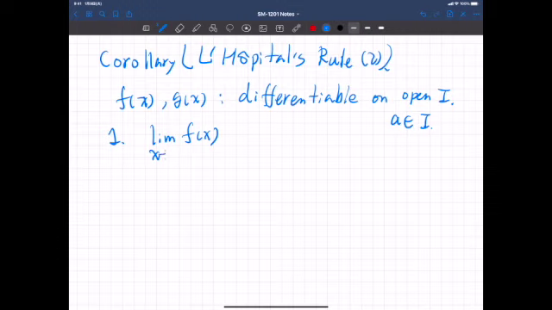The limit of f of x when x approaches a is the same as the limit of g of x when x approaches a, which are both 0.